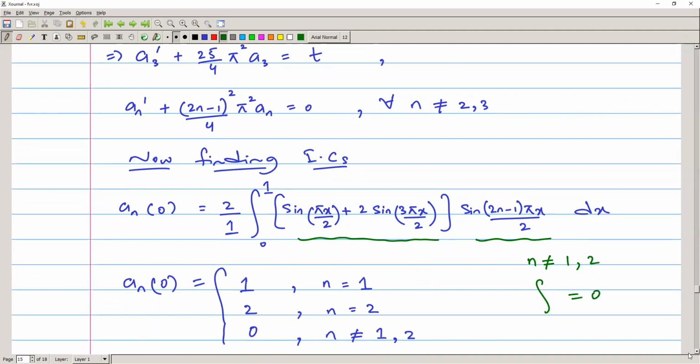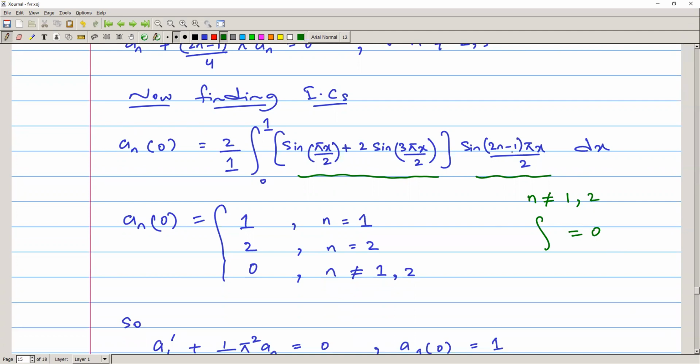And for n equals 1, we can see that the coefficient of this pi x over 2 is 1, so the integral value is 1 for n equals 1, and for n equals 2, we have the value of the integral as 2, and for all other n's it's 0, right?